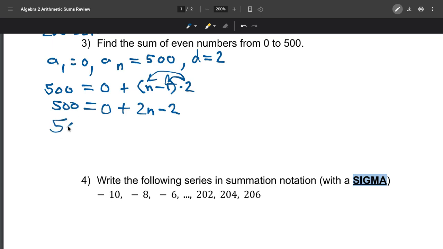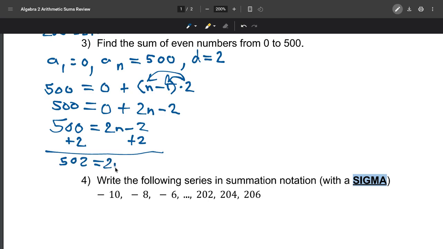So 500 equals just 2n minus 2. Add 2 to both sides. So we get 502 equals 2n.